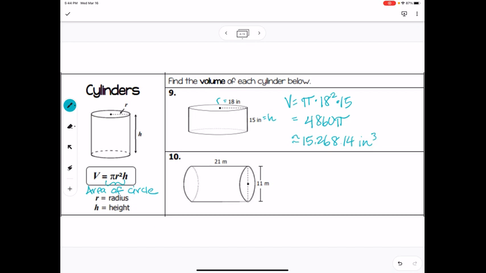That is me using the pi button. If you use 3.14, your answer is going to be slightly different. So I want you to try number 10 now. Just pointing out to you that this is diameter and we do need radius in the formula, so make sure you do your conversions.